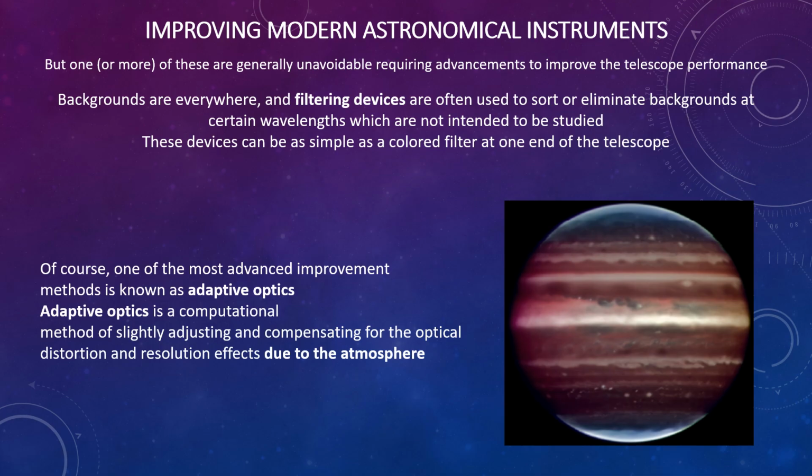But one of the cooler, more recent advancements in ground-based astronomy is to do away with this turbulent air by being able to model that turbulence and account for it in a process known as adaptive optics. Adaptive optics uses computer models to adjust and compensate for that disturbance in the air when we are looking in the optical part of the spectrum.